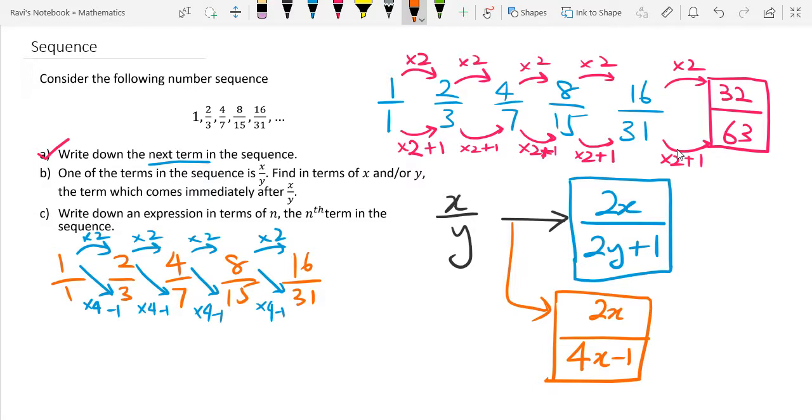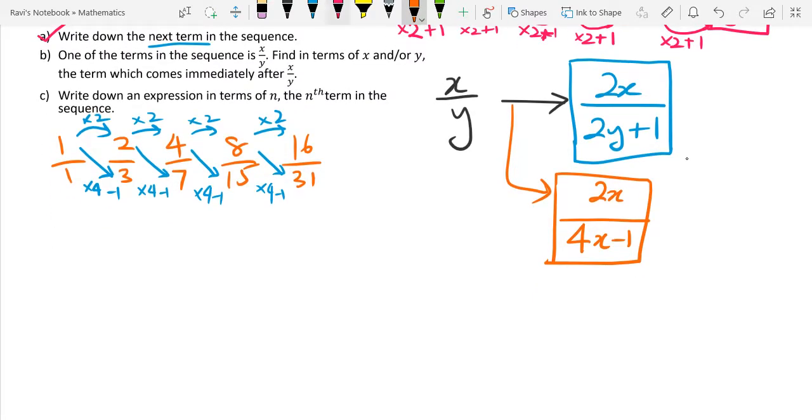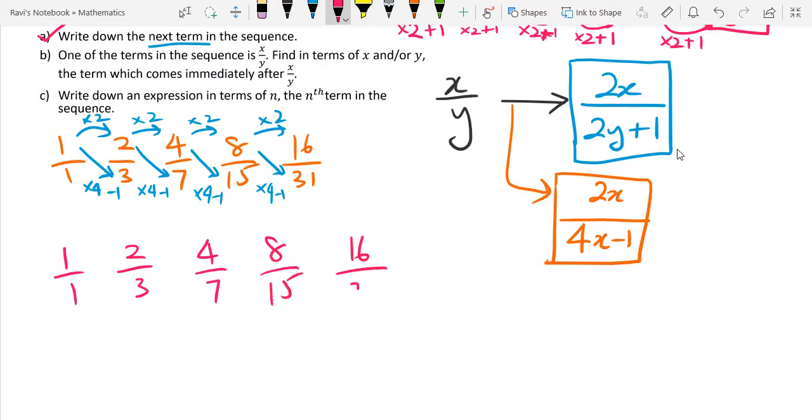Let's look at another possible answer. Let me rewrite the sequence again: 1 over 1, 2 over 3, 4 over 7, 8 over 15, and 16 over 31. As mentioned earlier, I will stick with the numerator, which is multiplied by 2. What other way can I derive the next denominator?